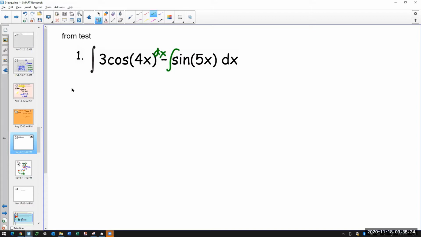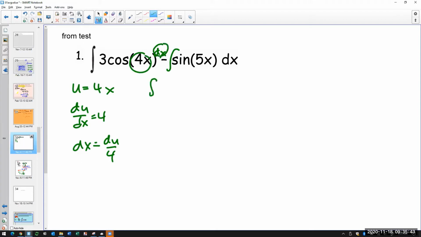If I did the left side, what would my u be equal to? 4x. If you take the derivative of both sides, because you do this for every problem, you would get dx is equal to du over 4. You replace two things. What two things do I replace? My u and my dx. So I would get the integral of 3 cosine u times du over 4.